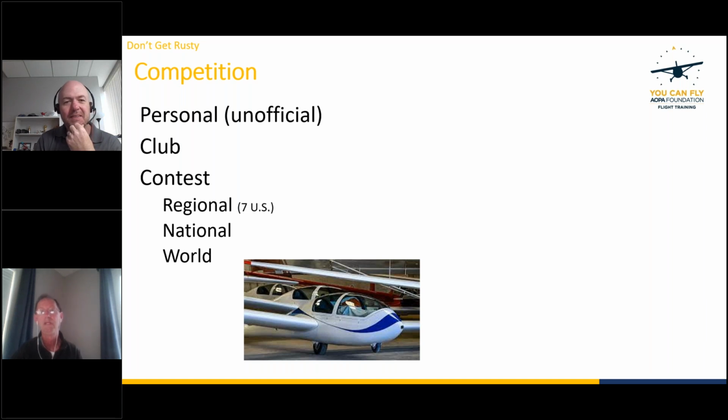There is then contest flying. There are 7 U.S. regional contests in the U.S. There are the national contests. In fact, the 18-meter class nationals are going on in Uvalde, Texas right now. And the World Glider Championships are coming to the U.S. sometime soon. Typically, these contests are based on cross-country types of flights.